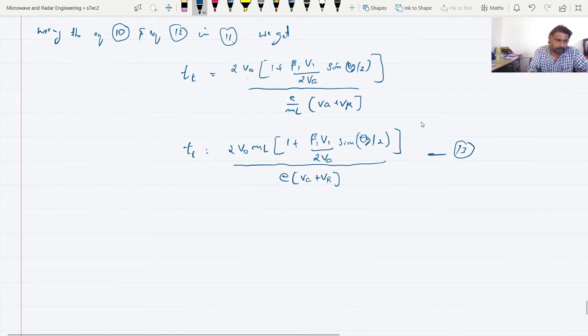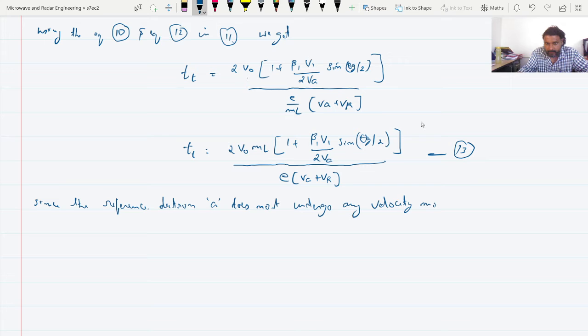Okay, so I will write: since the reference electron, the electron that is given by small a, does not undergo any velocity modulation.